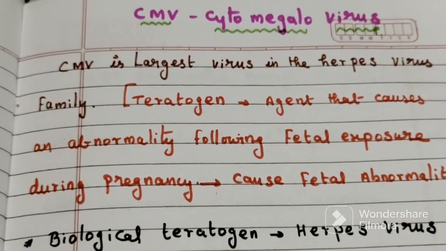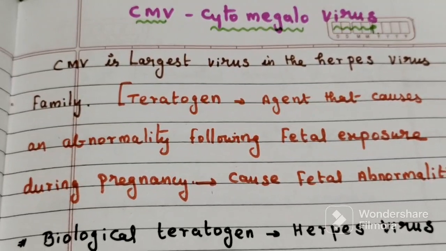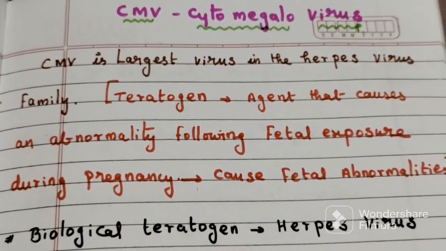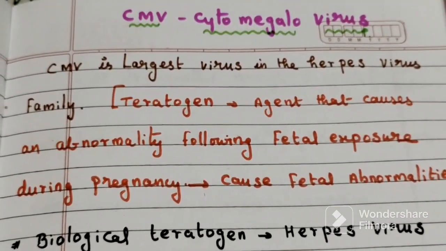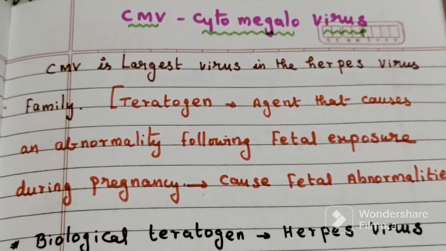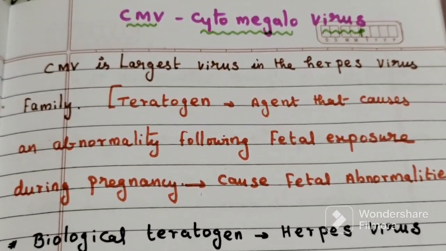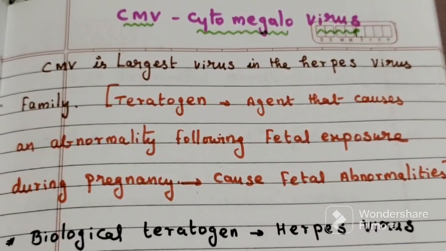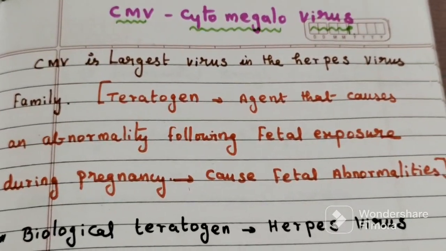That means the woman affected with cytomegalovirus will be fine, but it causes damage to the fetus. This virus is transmitted through the placenta, developing abnormalities in the uterus. It causes fetal growth abnormalities.